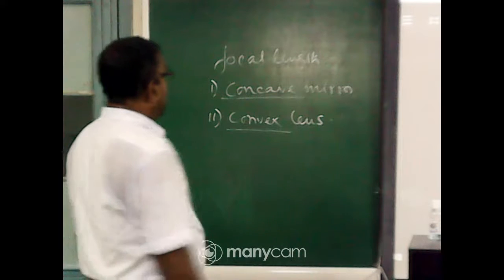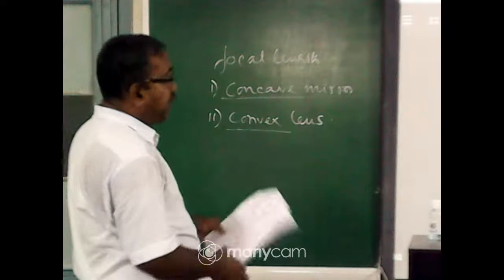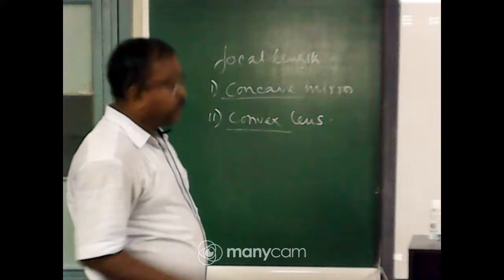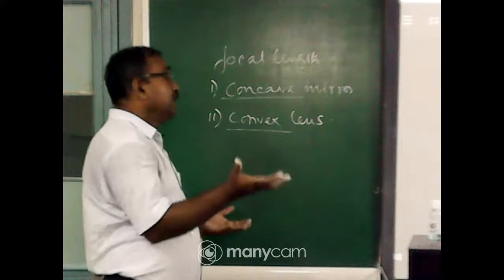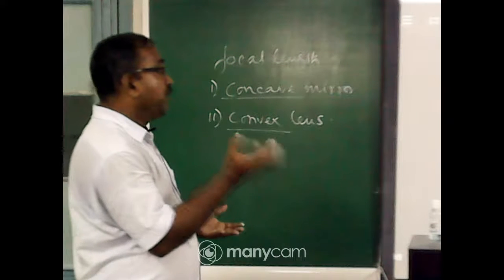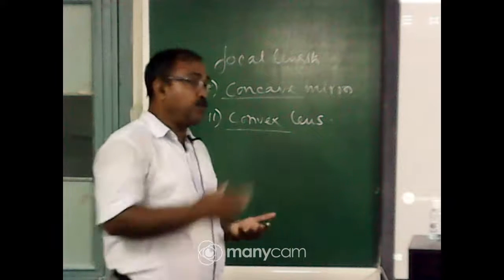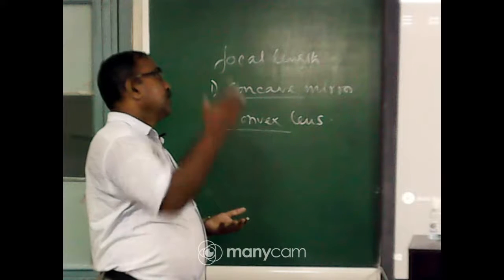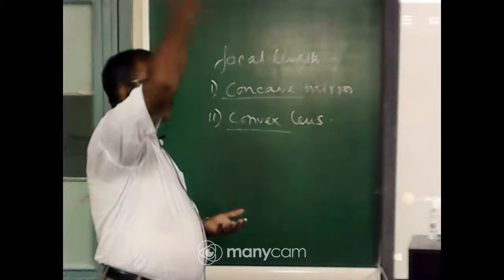Distant object. So, you know, with the help of the convex lens, how can we find out the focal length of the convex lens? Suppose you consider it at noon. The sun is on top, on your head.